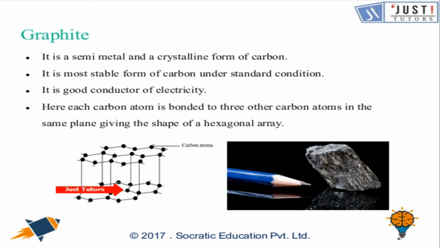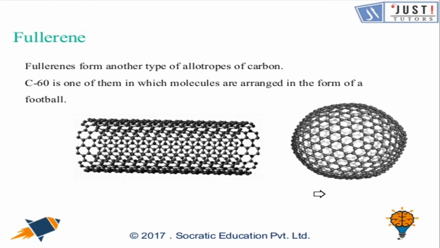Then we have fullerene. The fullerene is another type of allotrope of carbon, and it has a long chain of carbon atoms. One known allotrope of carbon, the fullerene, is C60, like this. It has the shape of a football.